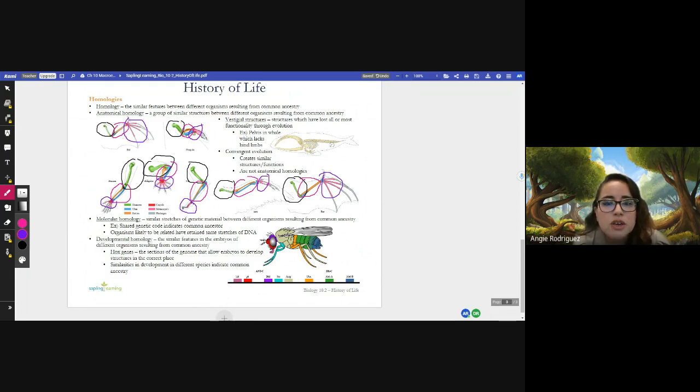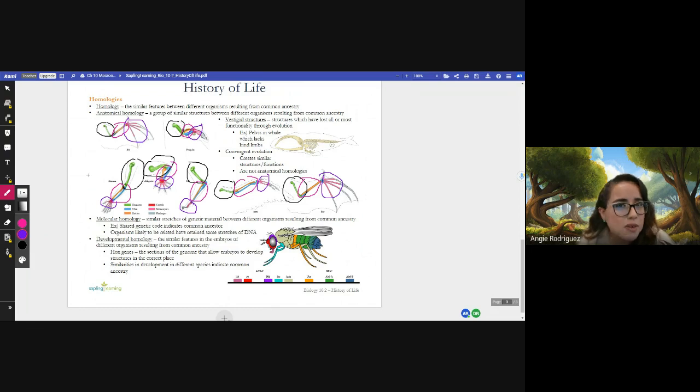That's where we can see that we have some type of relation or some type of common ancestor between all of these organisms, even though they're very different from one another, and even though they use them for different functions. What do I mean by that? For example, we don't use our arm to fly like the bat does, right? Or we don't use our arm to swim like, let's say, the alligator does. They're very different, right?